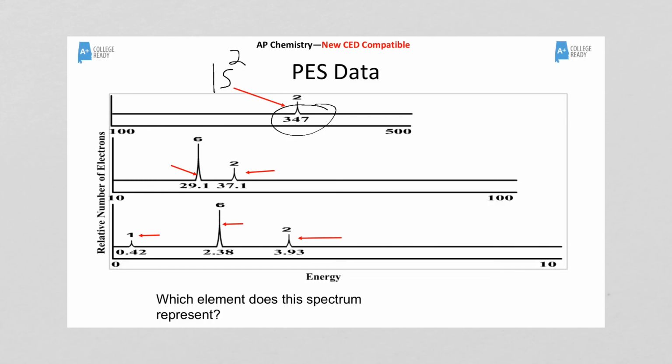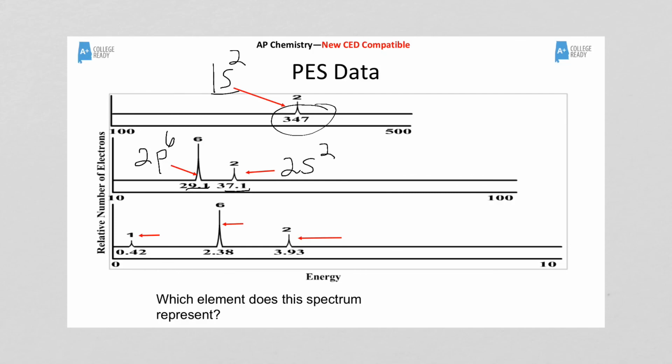Then what's the second highest energy value? Well, I see 37.1. That must be 2s, and there are 2 electrons there, so that makes sense. So what would 29.1 be? That must be 2p, and notice it's 3 times taller than the previous one, so that's 6 electrons.